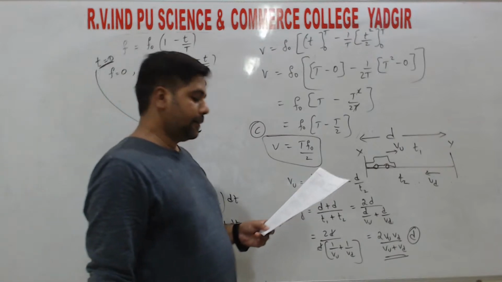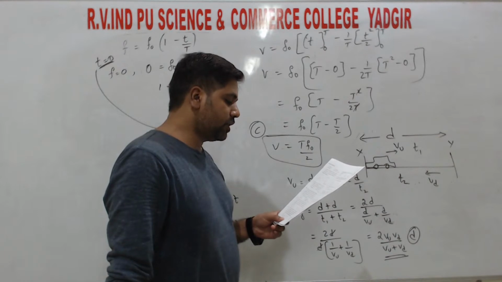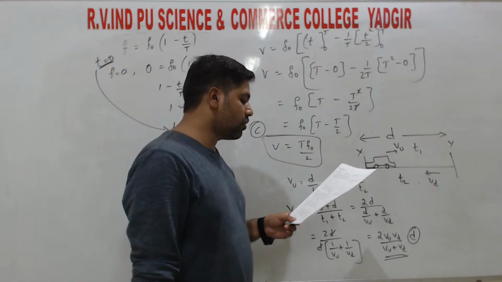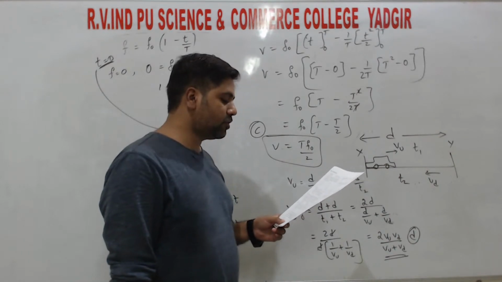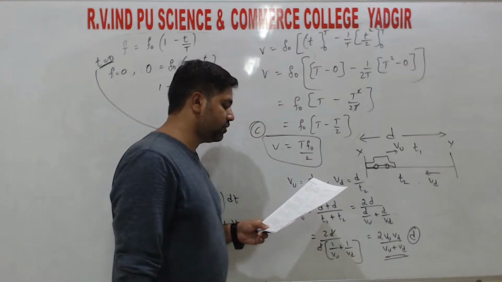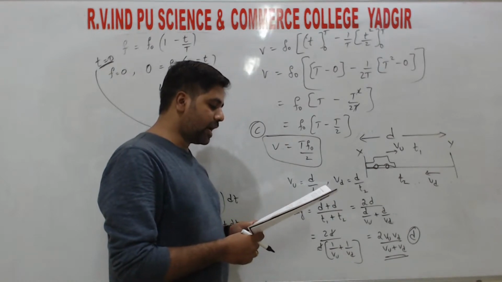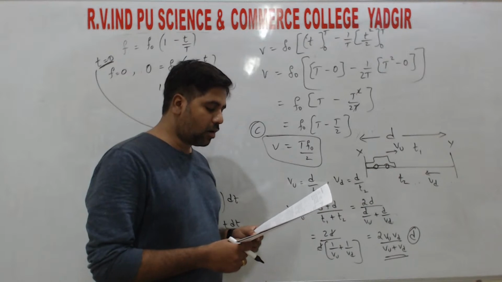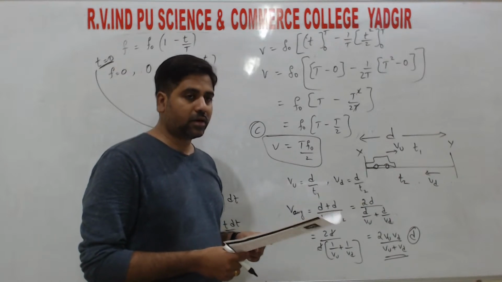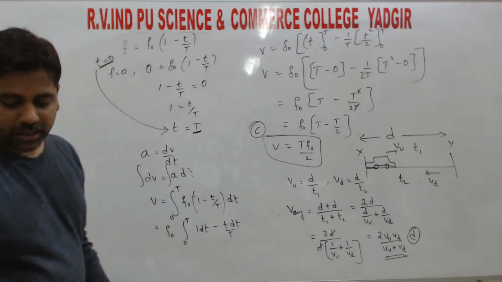So next, the position x of a particle with respect to time t along the x-axis is given by x is equal to 9t square minus t cube, where x is in meter and t in second. What will be the position of the particle when it achieves maximum speed along the x direction, right? So the maximum and minimum case.